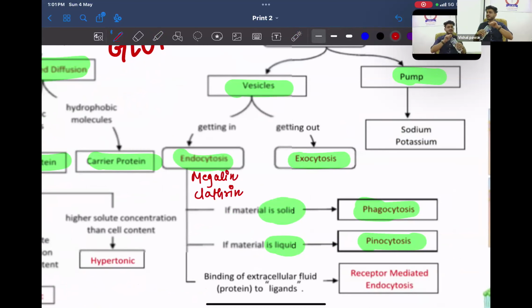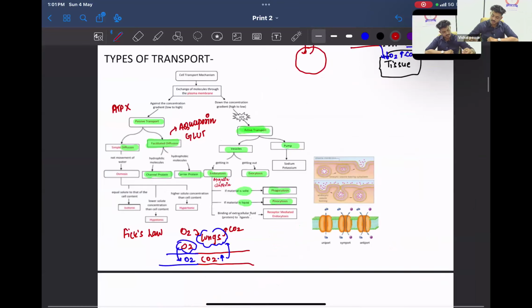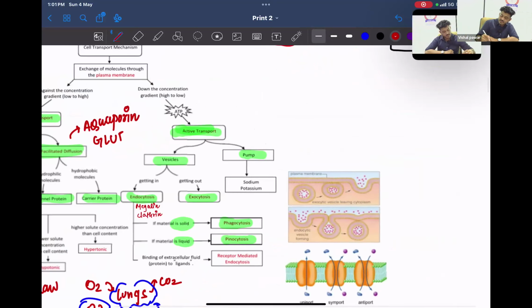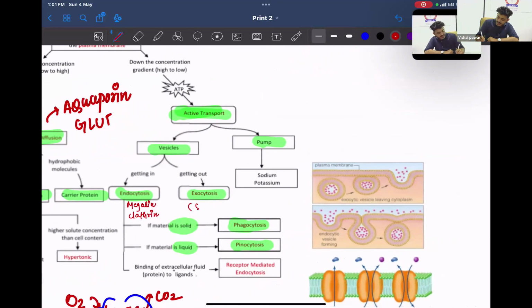Write it somewhere else. You cannot zoom. And for exocytosis also you can write, this is going to be having a SNARE protein.